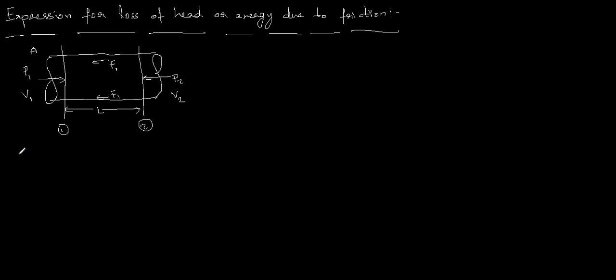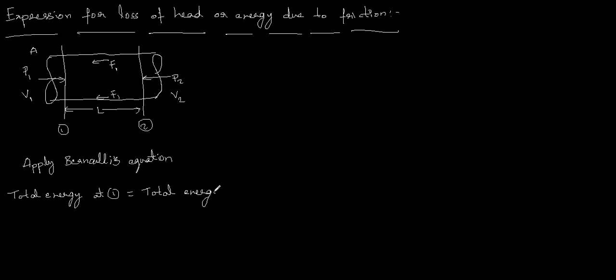First thing, I want to apply Bernoulli's equation for the two sections, which states that the total energy available at section 1 should be equal to the total energy at section 2.